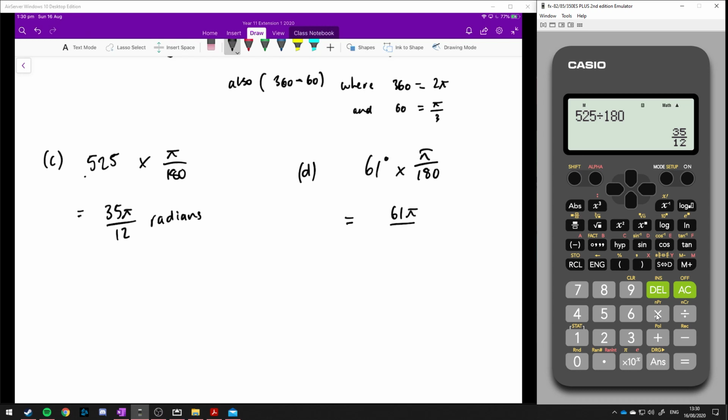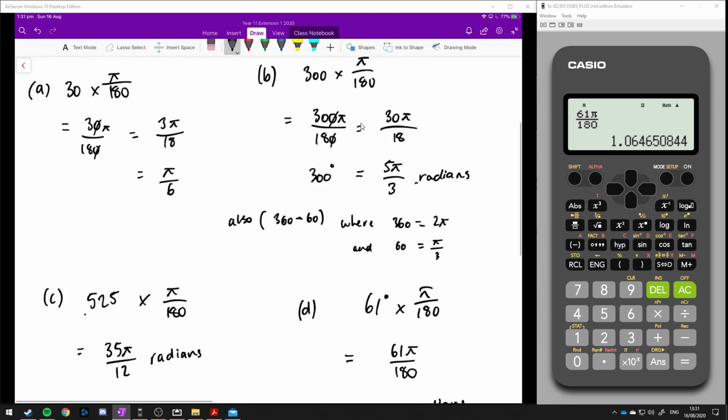So 61 pi on 180 is the exact form, which is approximately equal to, so 61 pi on 180, that's equal to 1.06. Like that. And that's in the rounded form. So that's going one way.